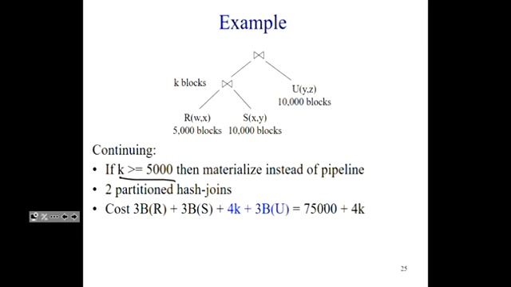Instead of pipelining through it, I have no choice but to materialize the result and then do a vanilla two-pass partition hash join. So this was the same as before, right?